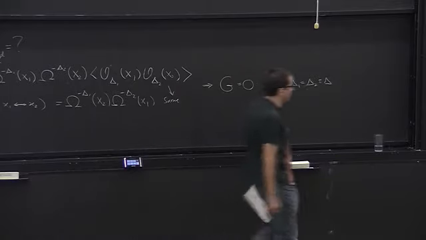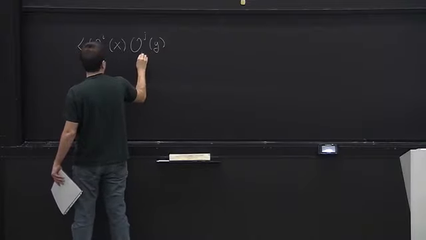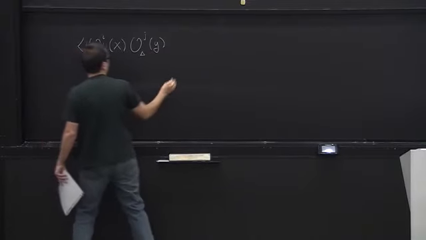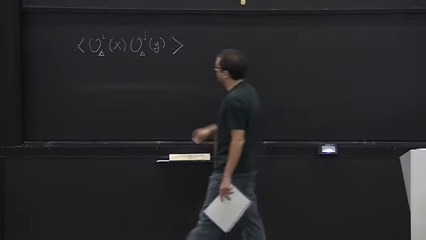And now I want to understand what's the correlation function. So it's already something that we learned, that we should always consider the correlation function between two operators, OI of x, OJ of y, both with the same delta. Okay, what is this?